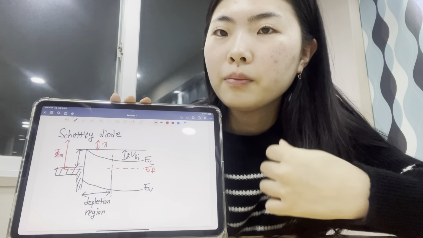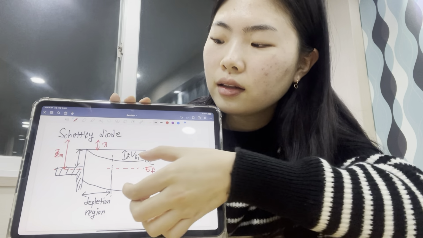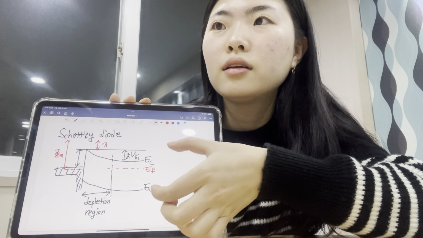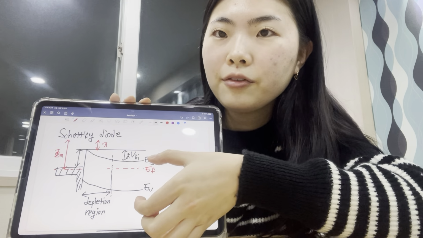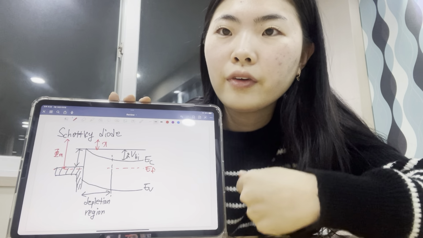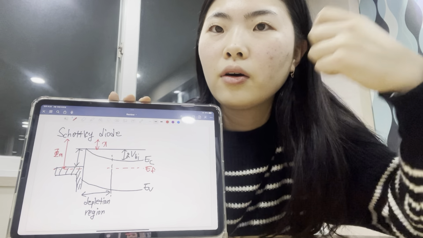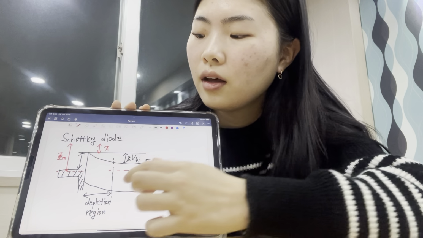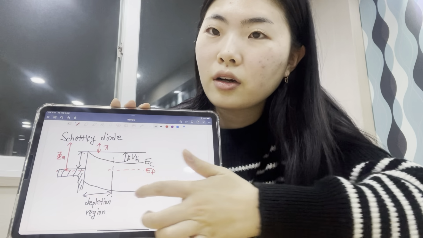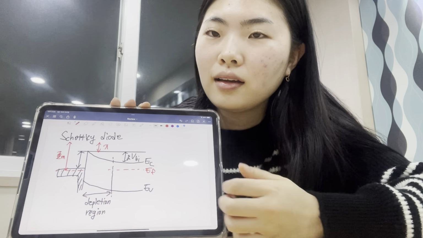And if we apply a high voltage to this Schottky diode, the energy band graph curve will be lower than now. However, if we put a big reverse bias, the Schottky barrier curve will curve even more, lower like this.